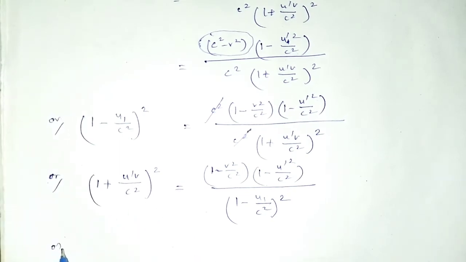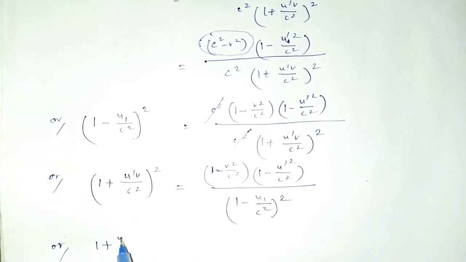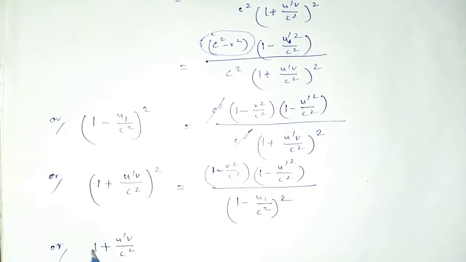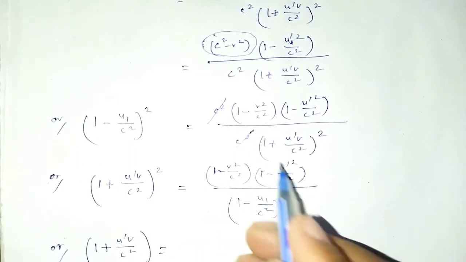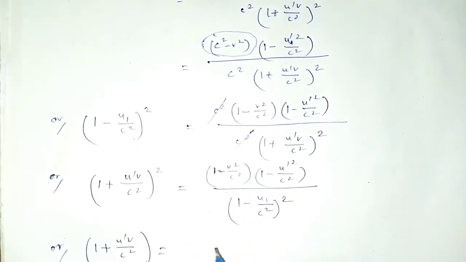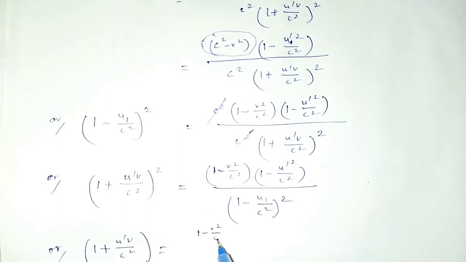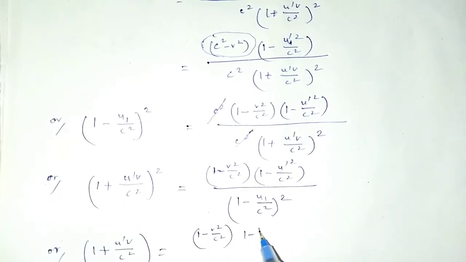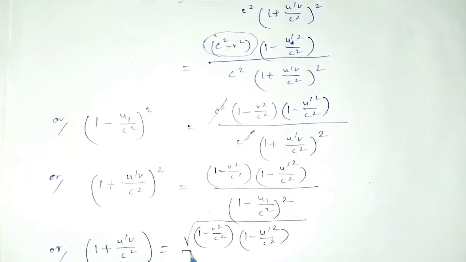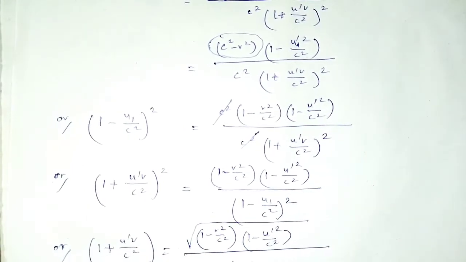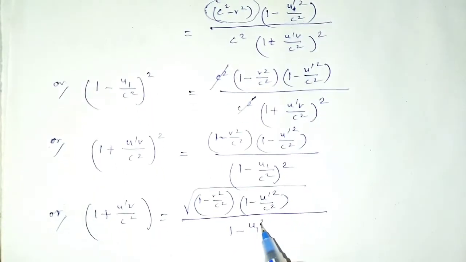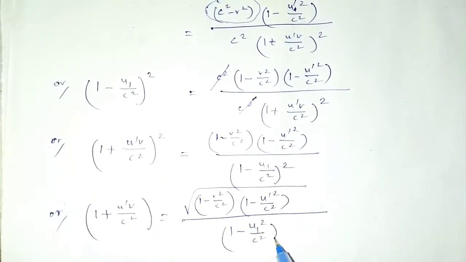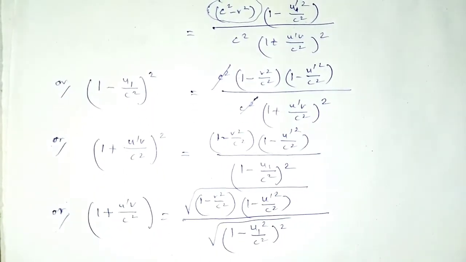We take only 1 plus u dash v divided by c square, that is the square root of that term: square root of 1 minus v square by c square into 1 minus u dash square divided by c square, whole divided by square root of 1 minus u1 square by c square whole square.